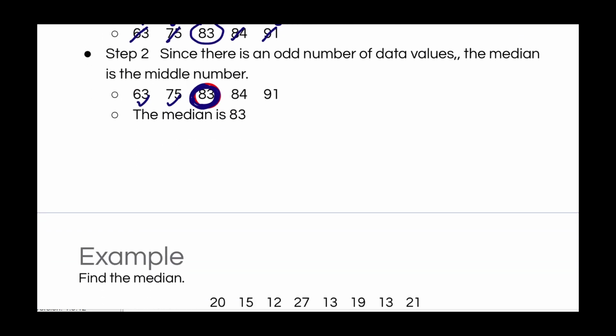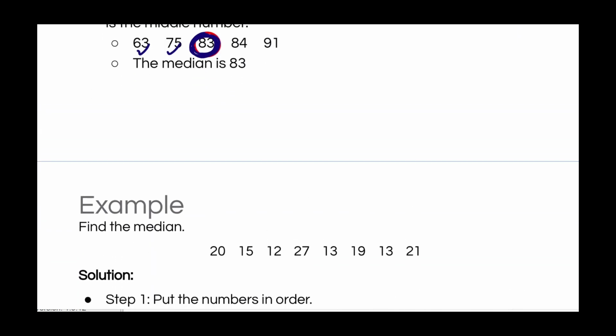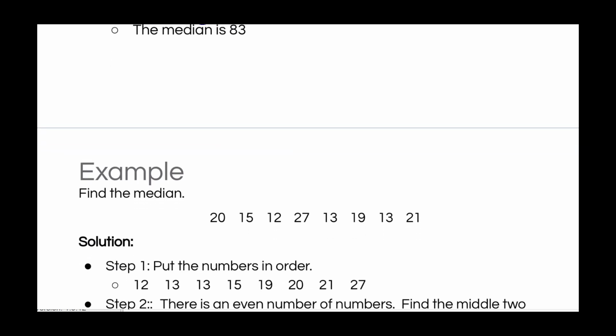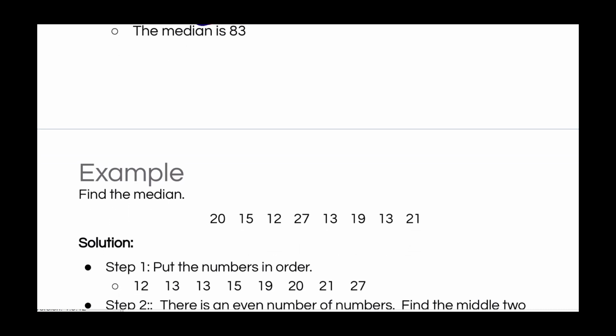Let's do one where there's an even number of numbers. So here's the numbers: 20, 15, 12, 27, 13, 19, 13, 21, and we put them in order. Let me just show you real quick. Let's cross them off, cross, cross, then cross off the next two, cross off the next two, and then if I were to cross off these two, then I run out of numbers. But I do have 2 in the middle.